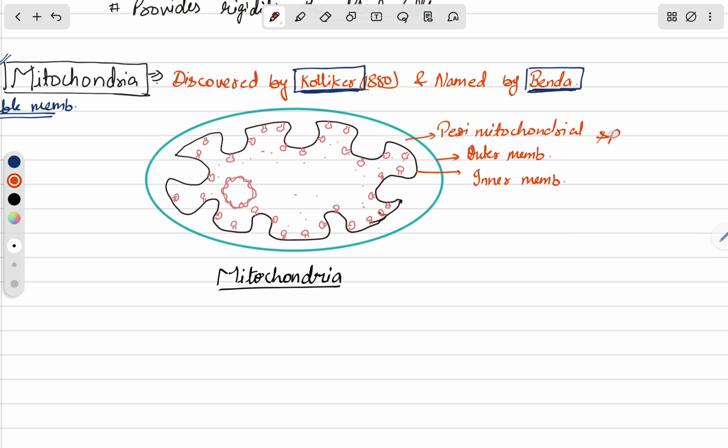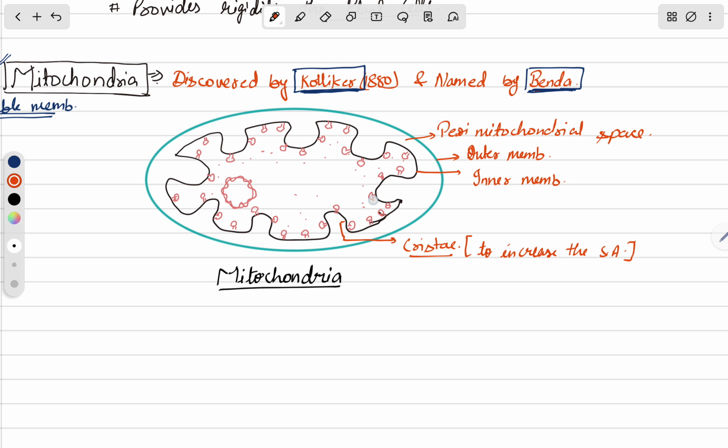Now, the inner membrane has a few enfoldings. These enfoldings are termed as crista. Right? Now, why is crista present? Why are enfoldings present? To increase the surface area of the inner membrane.